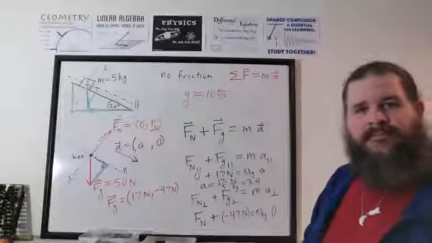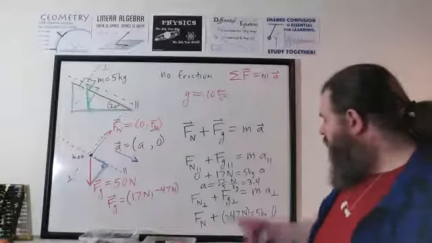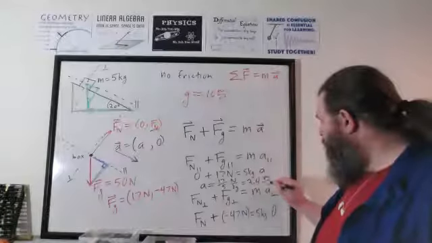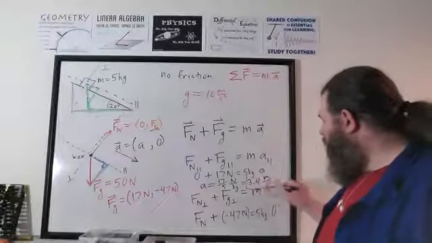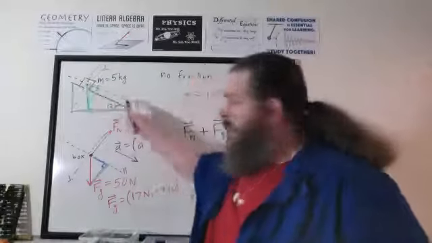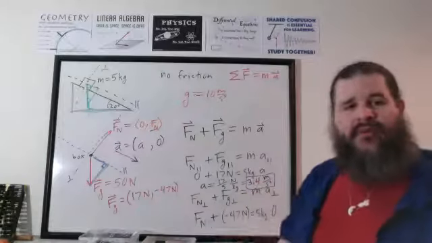Kilogram meters per second squared. Yeah, newtons means kilograms times meters over second squared. We're dividing by kilograms, so that cancels out the kilograms. We're left with just meters per second squared. So we now know the acceleration. The object is going to accelerate in the down the slope direction, the diagonal downhill direction, at a rate of 3.4 meters per second squared.